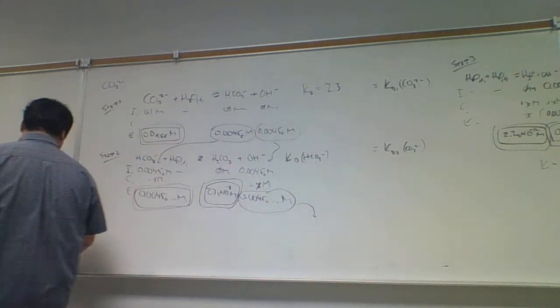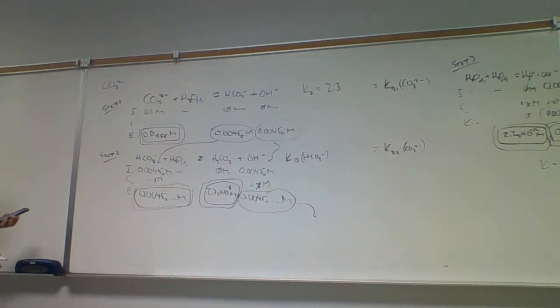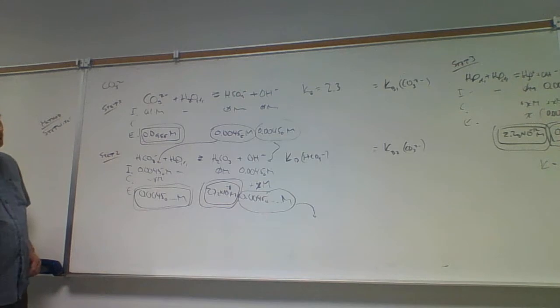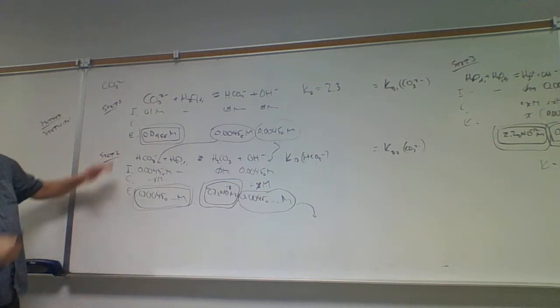All right, what we just did here, and what we did with the other one, is called stepwise. Well, I call it stepwise. The method here is stepwise. And so a lot of these types of multiple equilibria, we can just do it in steps.